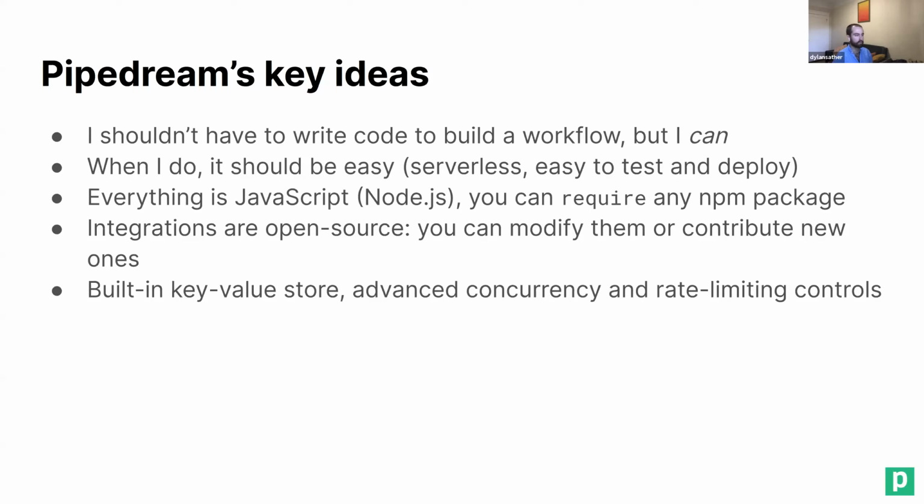We also have advanced concurrency and rate limiting controls. For example, it's very common that you need to apply serialization to a workflow so that only one execution of a workflow runs at any given time, because again, you're working with state and it's a distributed system. You have guarantees you need to apply such that that state holds a certain value at a given point in time.